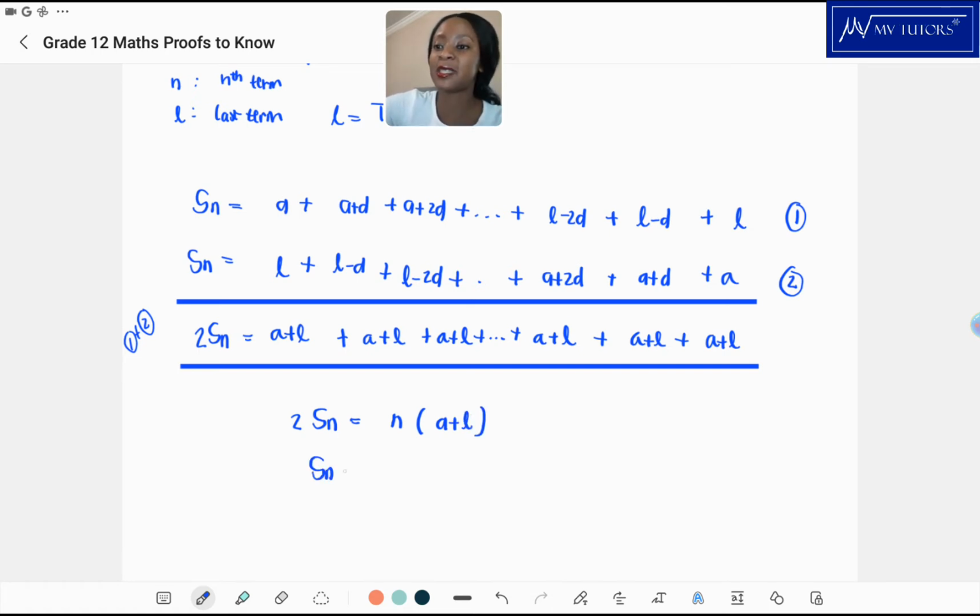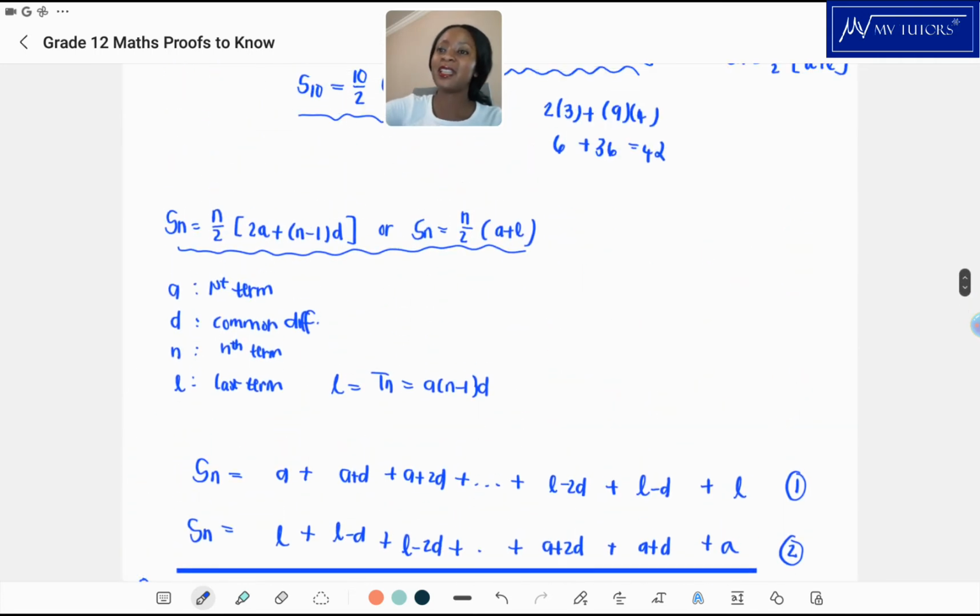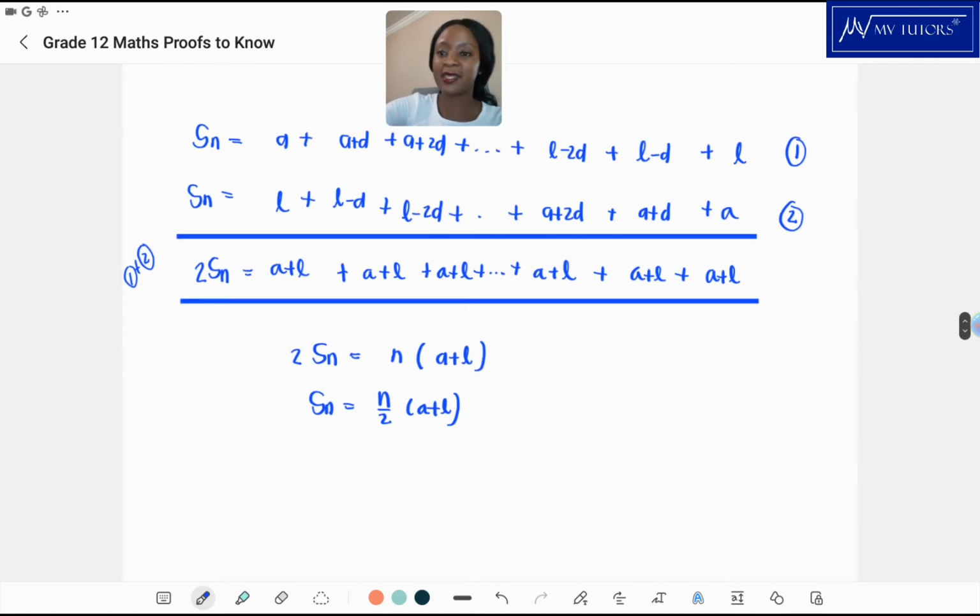So now we can say s n is n over 2 times a plus l, and we have proved this one over there. And we know that l is equal to the nth term, which is a plus n minus 1 d. So we can substitute a plus n minus 1 d in the place of l.